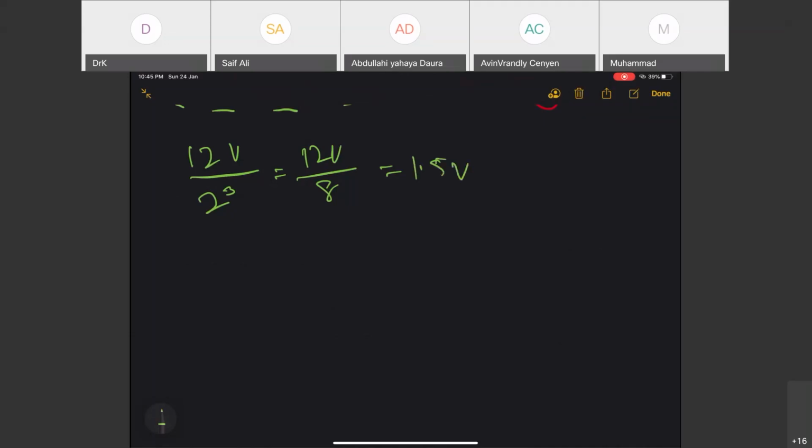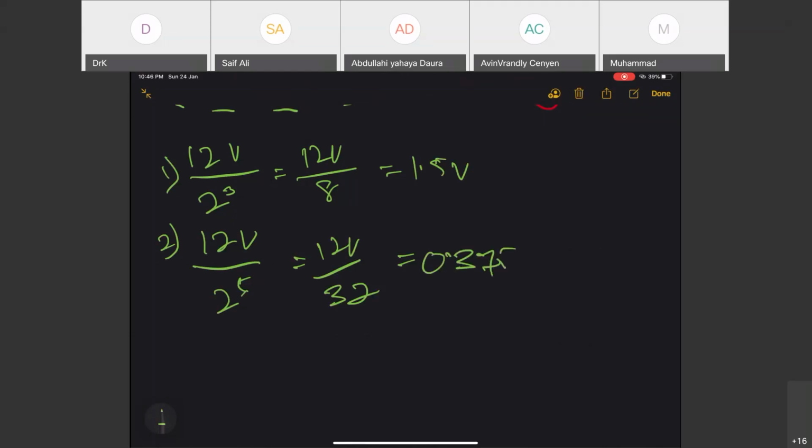Just now I had the same system running at 12 volt. This is 1, this is 2. But now I have higher precision. I have 2 to the power of 5 bits. So I have here 12 volt over 32. So I have 0.375 volt.